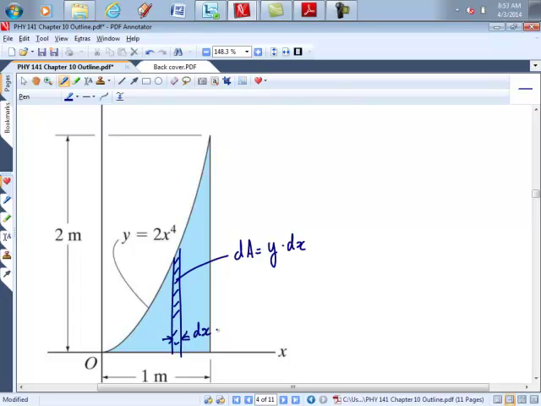But each one of these rectangles is going to contribute towards the moment of inertia by dI equals dI x prime, so through its centroid, the x prime axis is different for each one of the rectangles, plus parallel axis theorem, y tilde squared dA, and y tilde would be this distance.